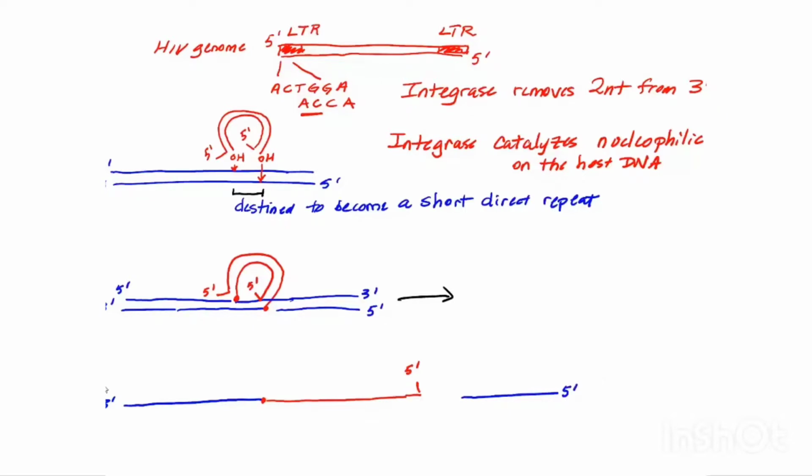Because if I start drawing the 5' end of the retroviral upper DNA strand, that only goes up to this point. Let me draw it a little more carefully. It only goes up to that point because it doesn't reach all the way over, because there's a gap that's exactly the distance between the two nucleophilic attacks on the upper part of the diagram.